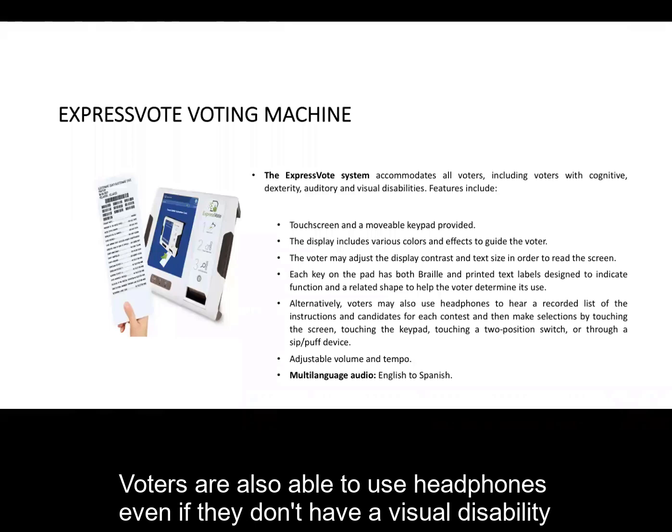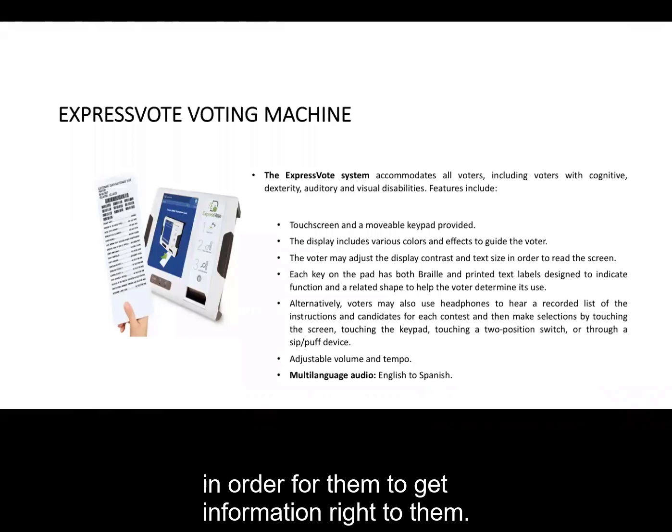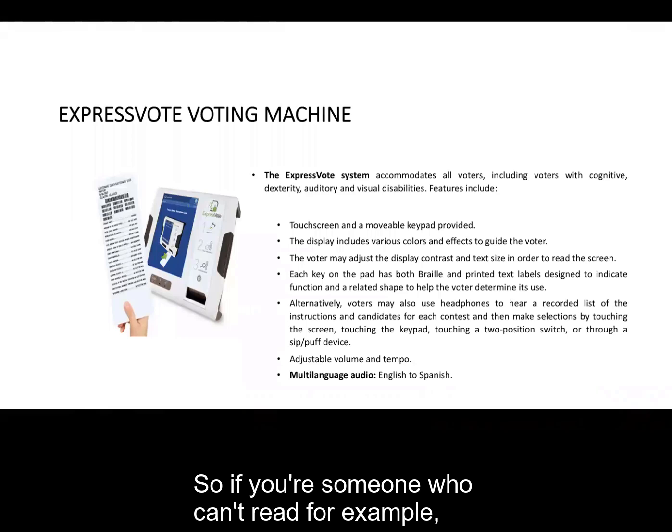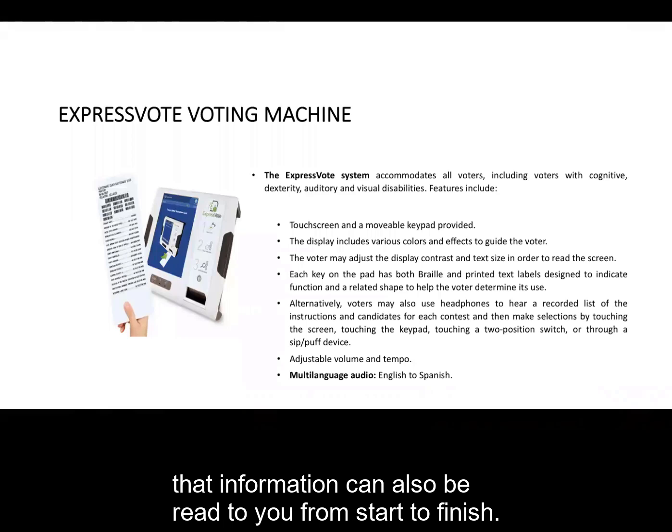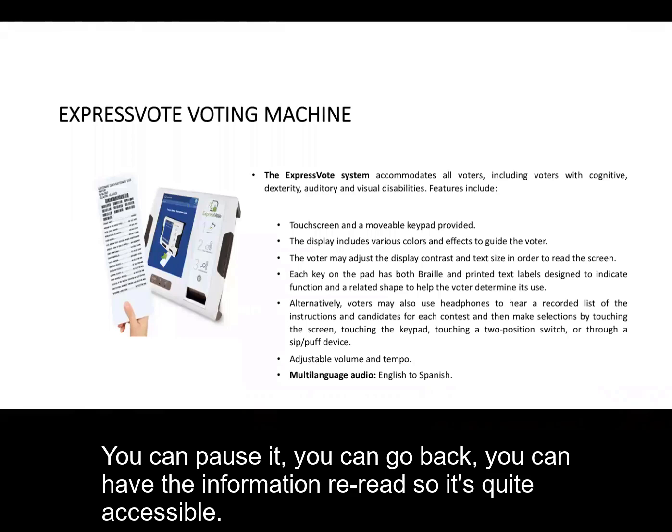Voters are also able to use headphones even if they don't have a visual disability, in order for them to get the information right to them. So if you're someone who can't read, for example, that information can also be read to you from start to finish. You can pause it, you can go back, you can have the information reread, so it's quite accessible.